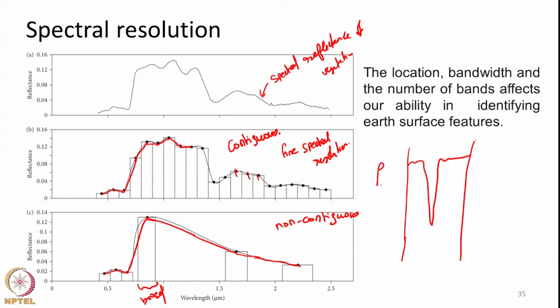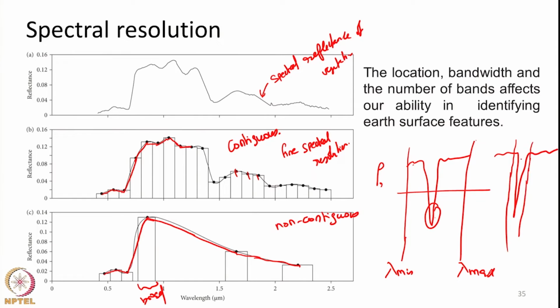This is the reflectance. We will finally be getting an average reflectance recorded in our sensor for the band. We will miss this fine absorption feature. Let us imagine now we have a sensor, or we are using a very fine spectral bandwidth like this.